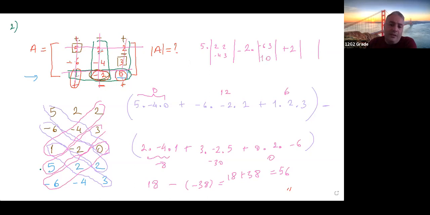And finally, close this, negative 6, negative 4, and 1 and negative 2. And the calculation, 5 times, let me do it quickly. 2 times 3, 12, minus negative 4 times 2, negative 8, and another minus, positive 8. Negative 6 times 0, 0, minus 3 times negative 2, plus 6.